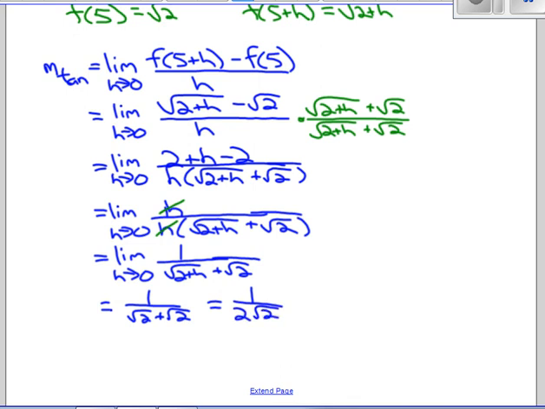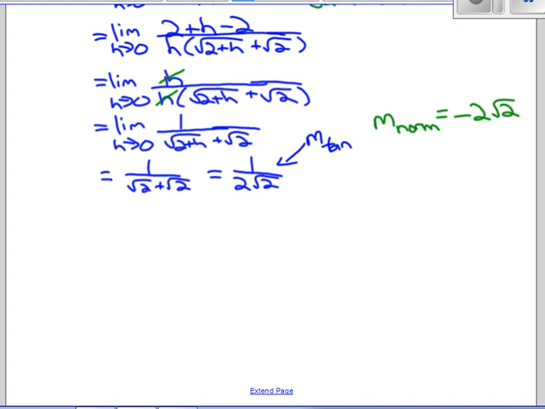Okay, so that was somewhat unpleasant, but not super tricky. That's the slope of the tangent. The slope of the normal is the negative reciprocal. So it's going to be negative 2 root 2 over 1, or negative 2 root 2.